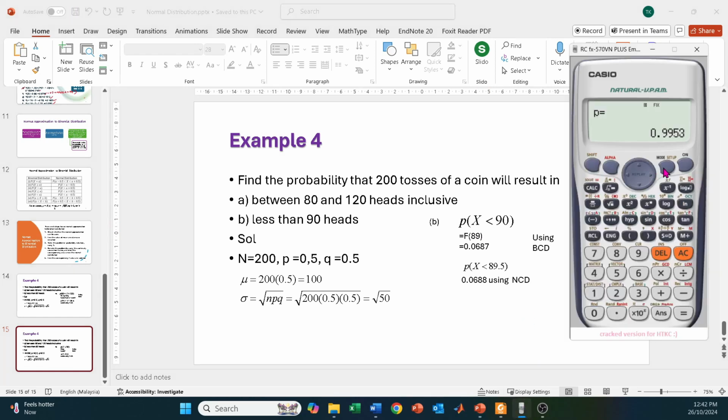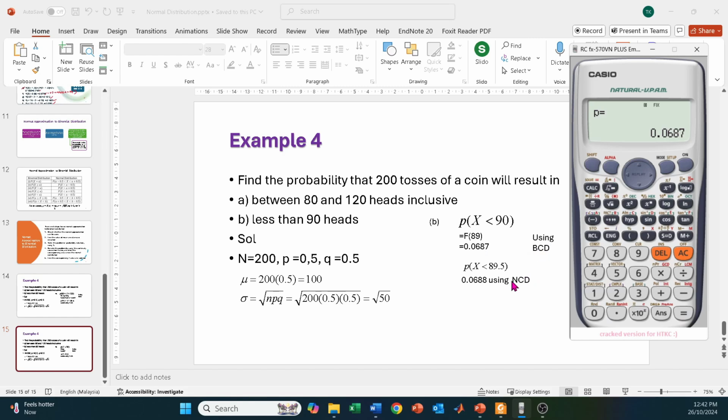We go back to distribution, binomial CD, variable x is 89, n is 200, p is 0.5, and we get 0.0687 using binomial CD.